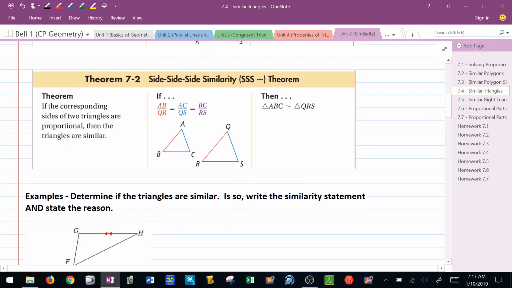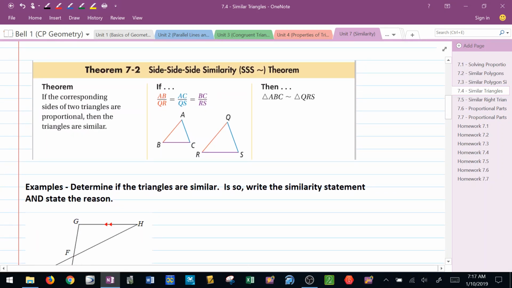The third scenario involves all three sides, so you know nothing about the angles. In order for side-side-side similarity to kick in, we have to know that all three pairs of corresponding sides must be proportional to one another.